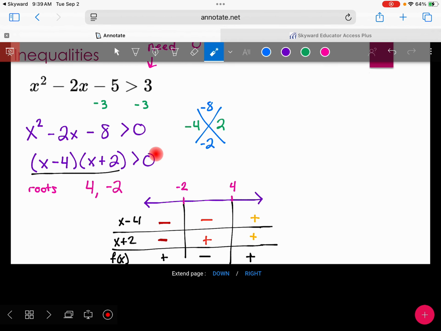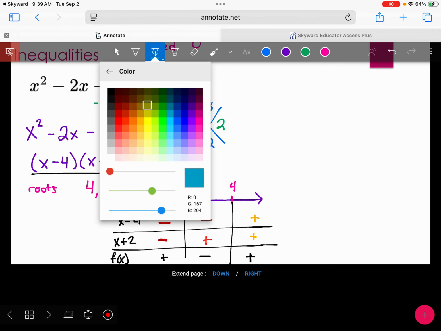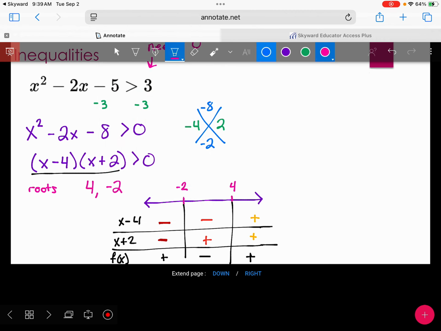And where are we going to find greater than 0? What's our answer going to be? We're looking at greater than 0. Are we looking for the positive sections or the negative sections? Positives. So I want to know where we're positive.